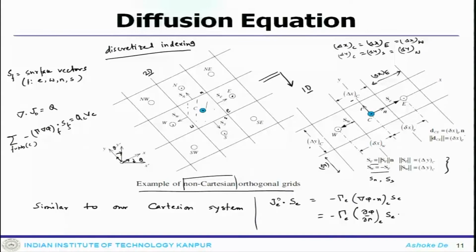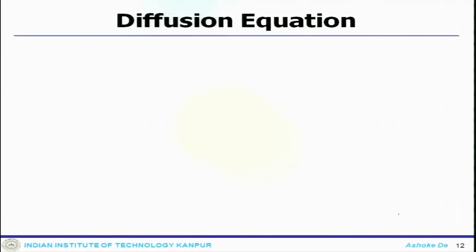Okay. Now, importantly here, grad phi dot n at this east face is nothing but del phi by del n at the east face.